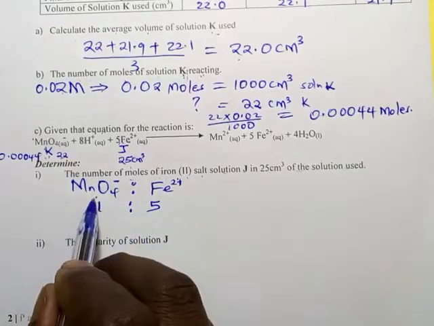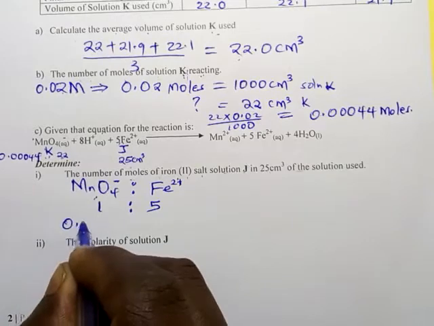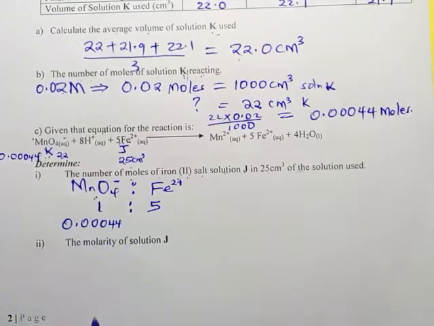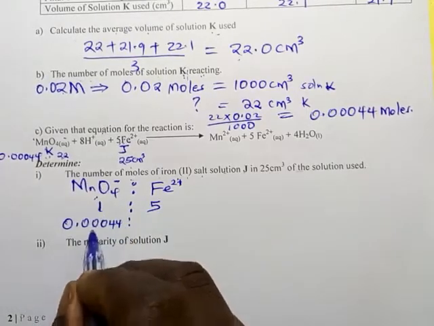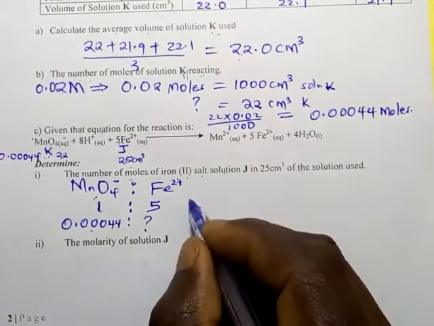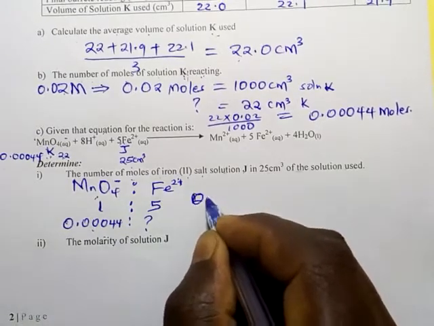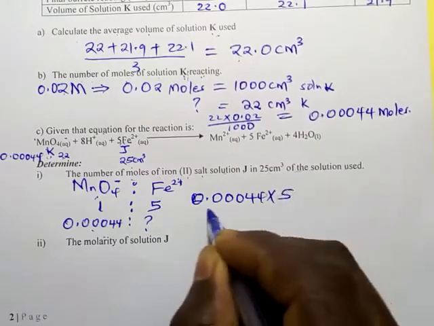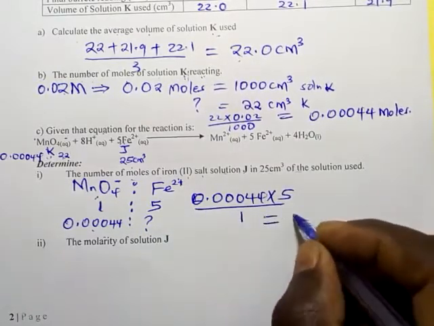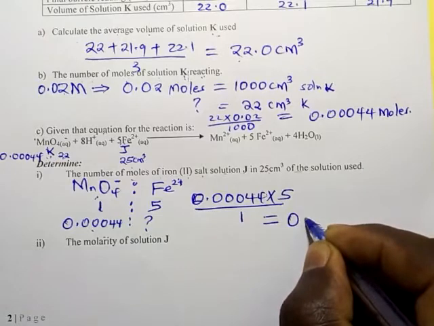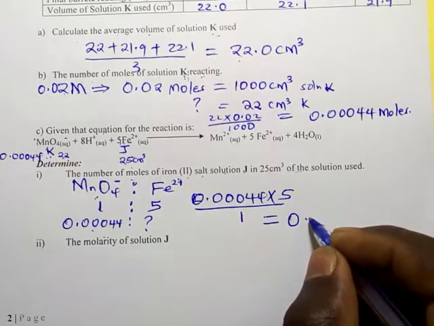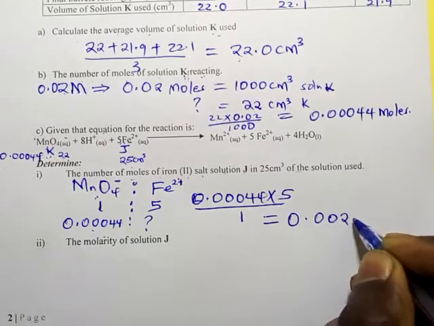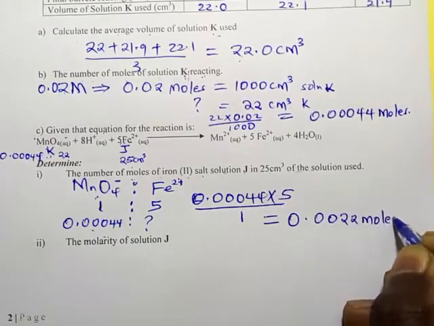But we know the number of moles of this, which is 0.00044. So if 1 is equal to this, 5 will be what? That means it is 0.00044 times 5 divided by 1. This gives us 0.0022 moles.